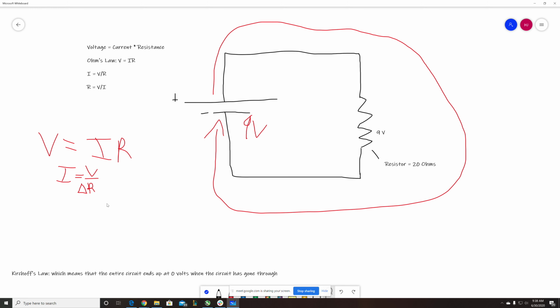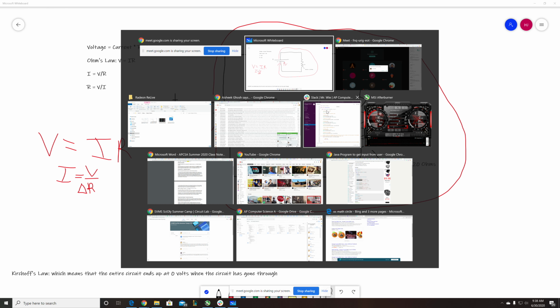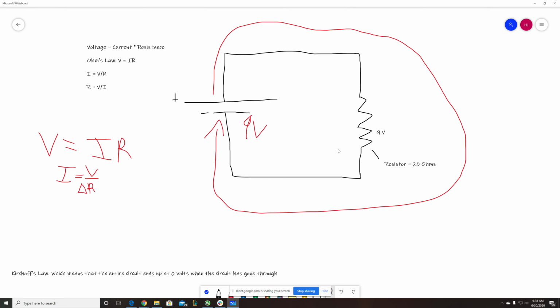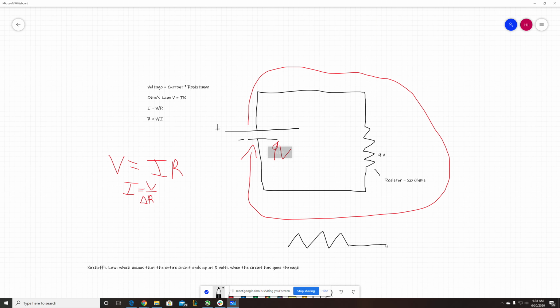And the V over R is because of resistors in series. I'm pretty sure James probably taught you this. Resistors are not always in series, but when they are in series, they usually say this is 9 ohms and this is 10 ohms.